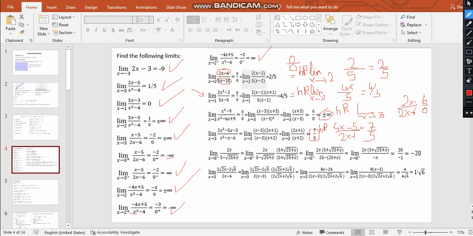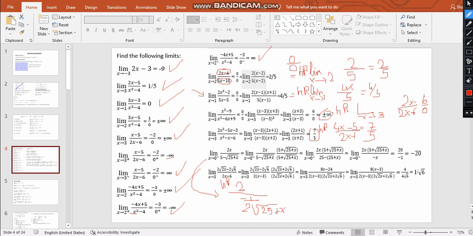Here, limit as x tends to 0, as you can see, it is 0 over 0 because 5 minus 5 is 0. So instead of doing this whole process, multiplying by the conjugate, you can do L'Hospital's rule. You put HR and you put limit as x tends to 0, the derivative of 2 over the derivative of radical u, which is u prime over 2 radical u, with the minus here, 25 plus x.